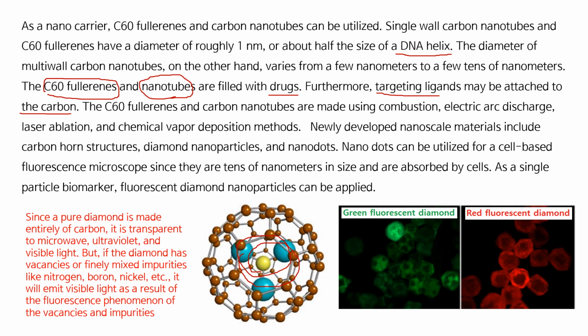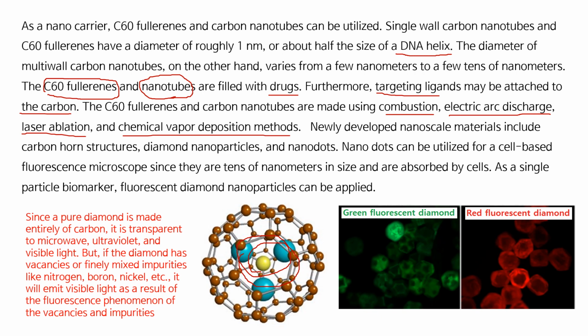The C60 fullerenes and the carbon nanotubes are made using combustion, electric arc discharge, laser ablation, and chemical vapor deposition methods. So there are several ways to make the C60 fullerene and the carbon nanotubes.